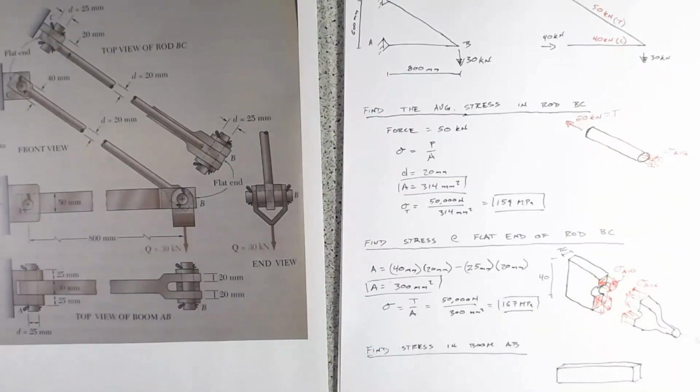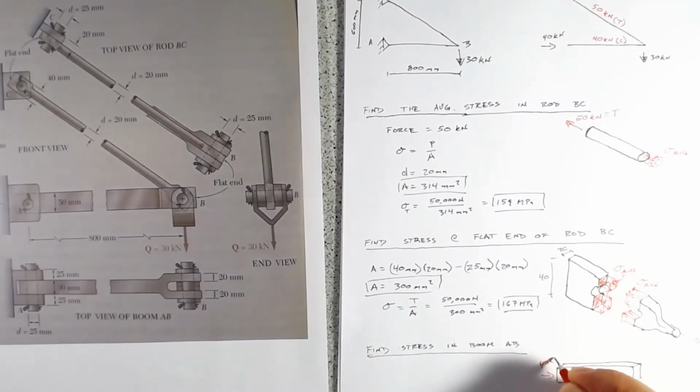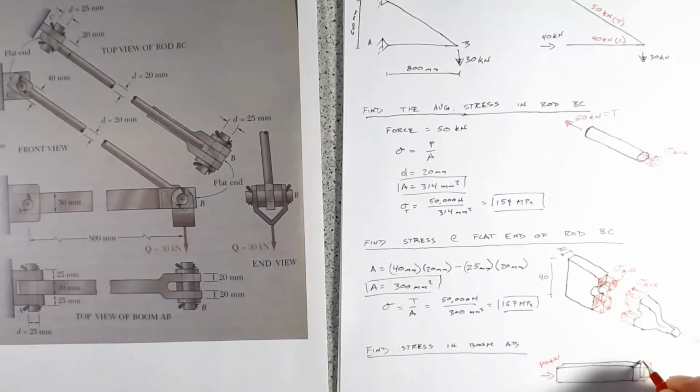So we have 40 kilonewtons of a compression load coming in. And again, we're assuming an average stress. So our stress is the same height across the cross section, and that stress is going to be pushing in compression. So that's our average stress there.